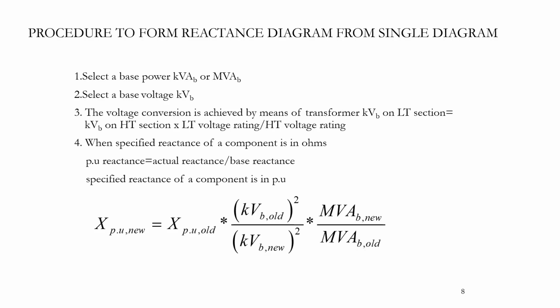The specific reactance of a component given in per unit, X per unit new, is nothing but X per unit old into kVb old the whole square divided by kVb new the whole square, into MVAb new divided by MVAb old. This is the similar formula we have seen for finding the new per unit values.